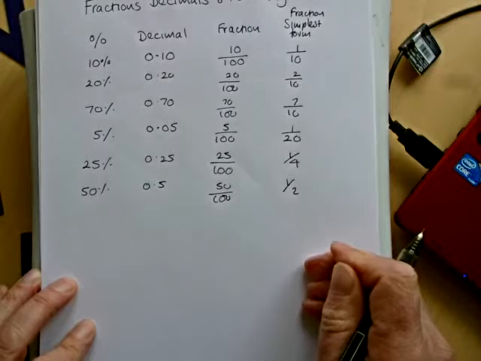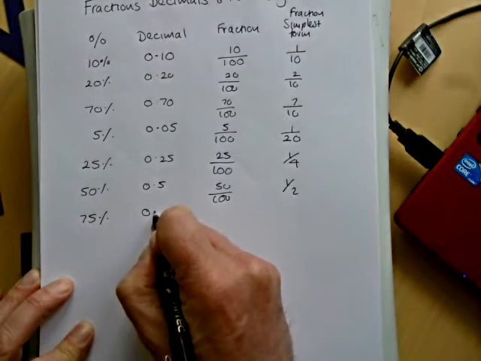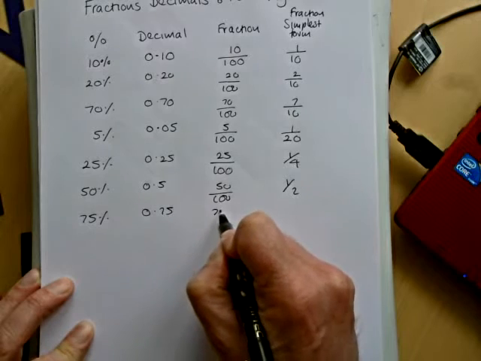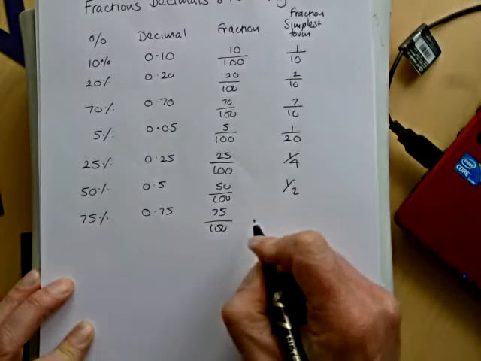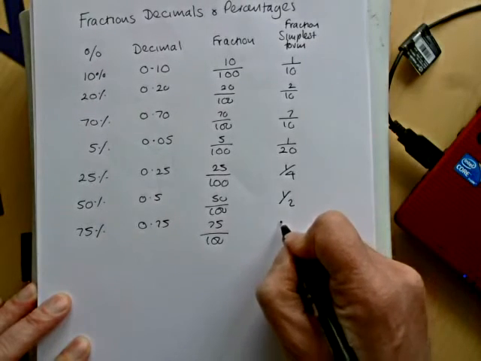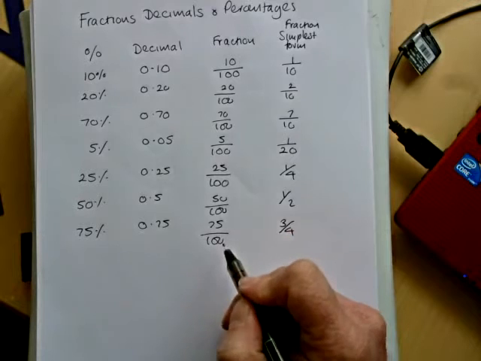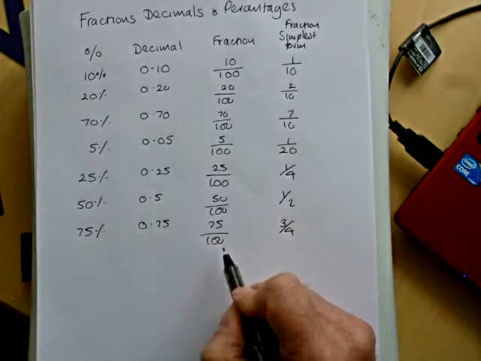And then let's move on to 75%, 0.75, 75 from 100, which is 3/4, because 25 goes into 75 3 times, and 25 goes into 100.